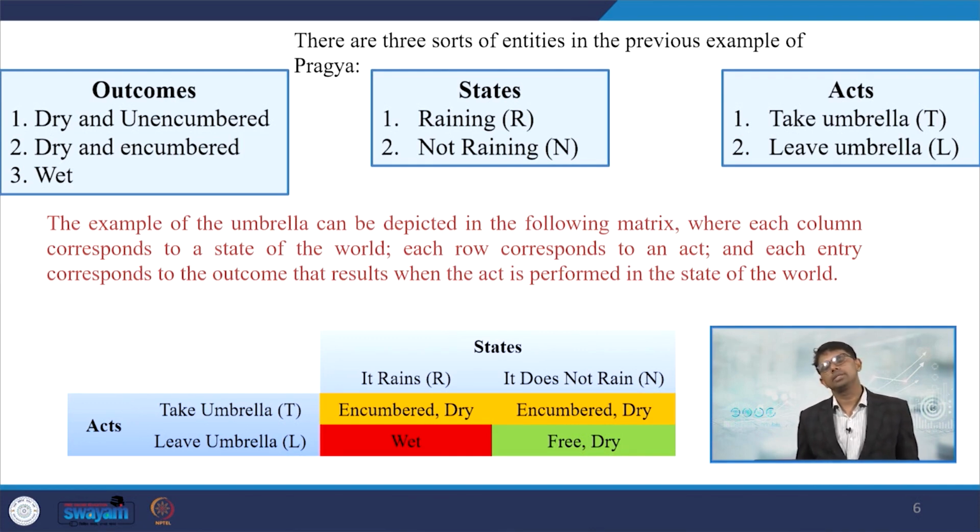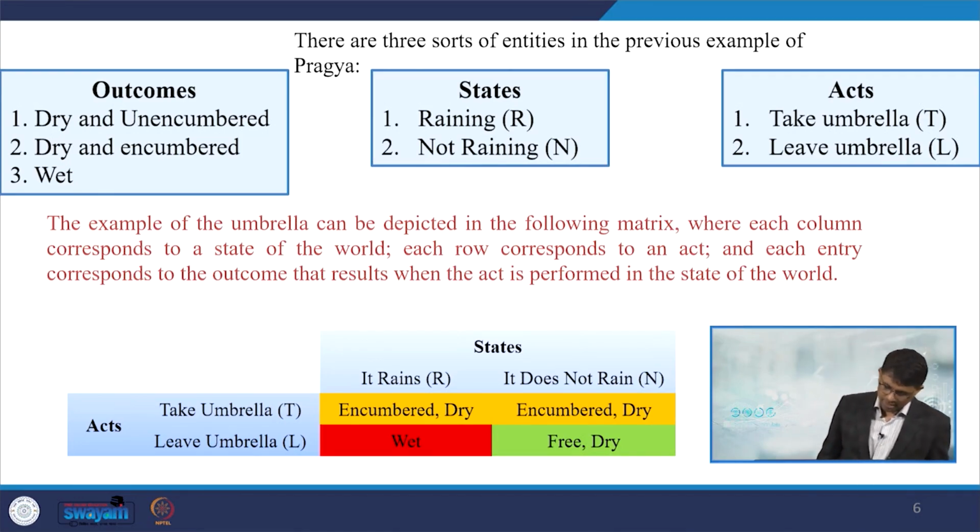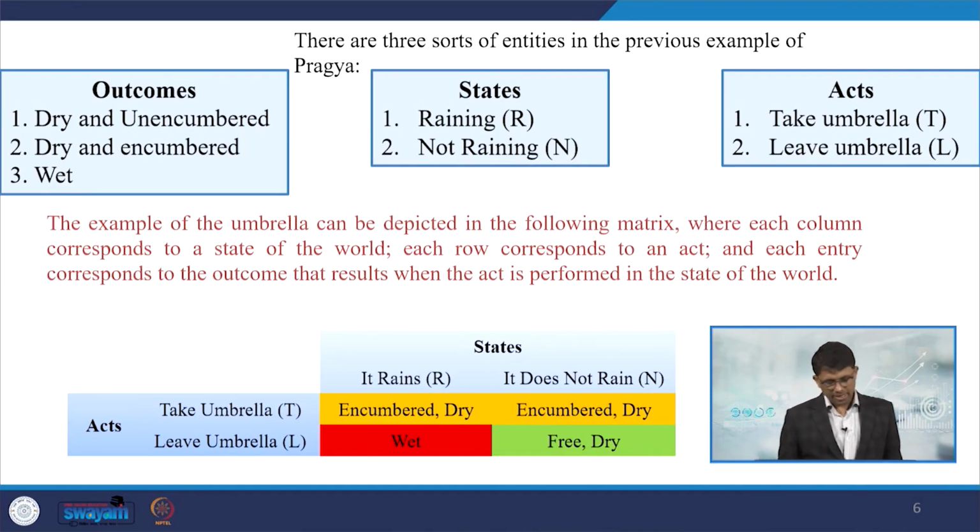Then acts are taking the umbrella, as T, and not taking the umbrella, as L. So, we are putting these in a matrix and trying to find out which one is actually the preferred one. Acts are mentioned on the horizontal and states on the vertical. If it rains, then the act of taking an umbrella gives an outcome that is encumbered and dry. Then encumbered and dry in another case, wet and free and dry, etc.